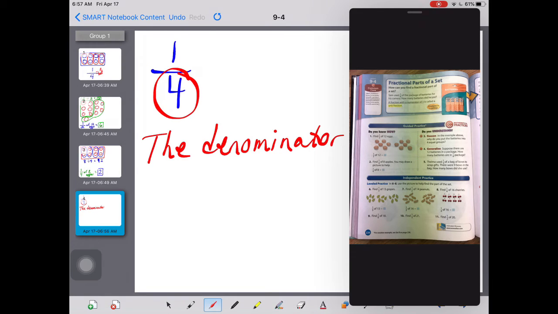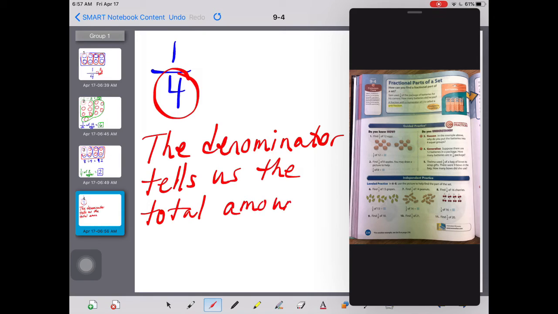The denominator tells us the total amount of groups. So in this instance, the denominator tells us the total amount of groups. Now there may be other times, like on our previous lessons, where those 8 batteries, the denominator would be 8.